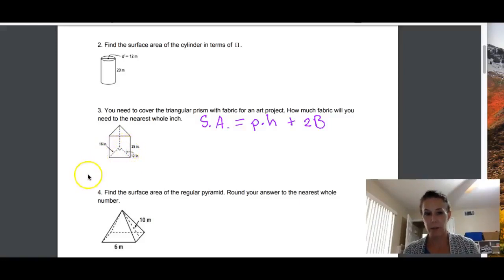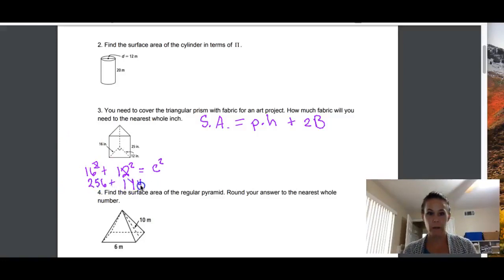So we're going to go a squared plus b squared equals c squared. So we'll go 16 squared plus 12 squared, equals the hypotenuse squared. So we'll just call that c squared. All right, go ahead and work that out. 16 squared is going to be 256. 12 squared is going to be 144.